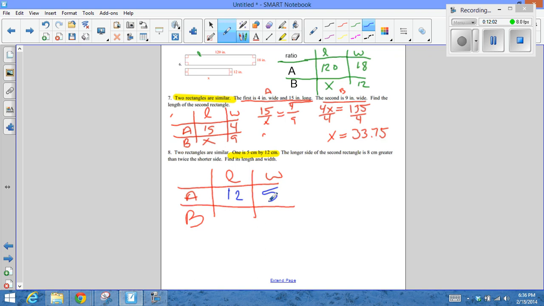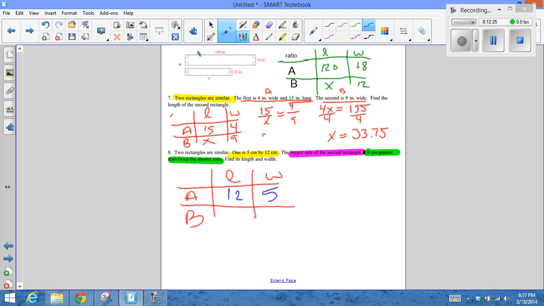Okay, then it tells me that the longer side of the second rectangle is, so remember, is means equals, so they're getting ready to tell us what it is. It is 8 centimeters greater than twice the short side. Oh my goodness, that's a lot, but that's okay because we can break this down.